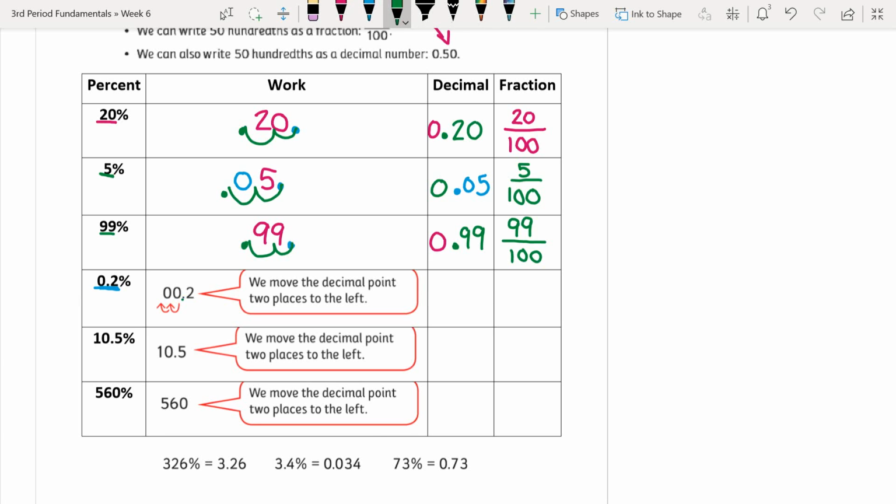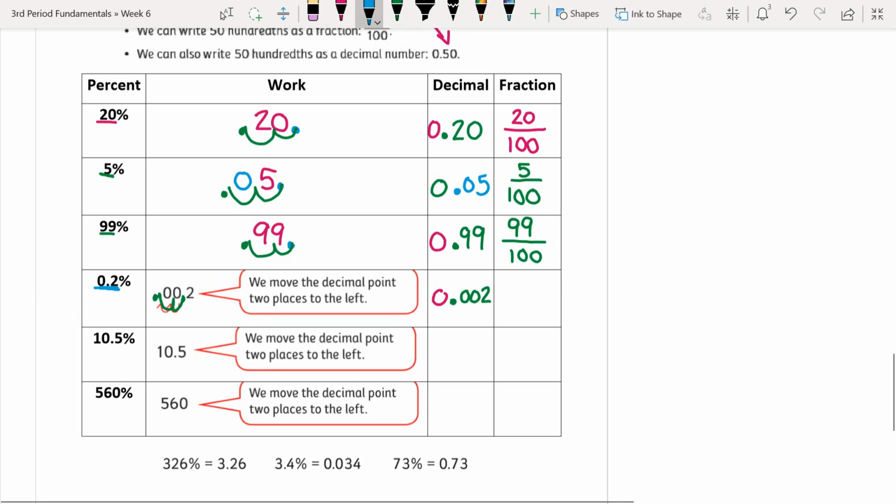So we put our pen or pencil on that decimal point, and I move it 2 spots to the left. Where I end is where my decimal goes. So we get 0.002. Well, remember, we're trying to be nice and pretty and mathematical, so let's add in that extra 0 in front.